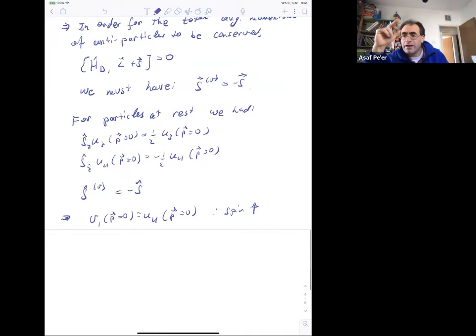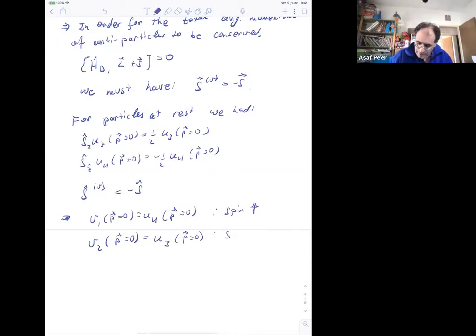That's why I chose V1 to be equal to U4 and not vice versa. And the same for V2 and U3. That will be spin down. That's why I chose V1 equal to U4 and not V1 equal to U3.